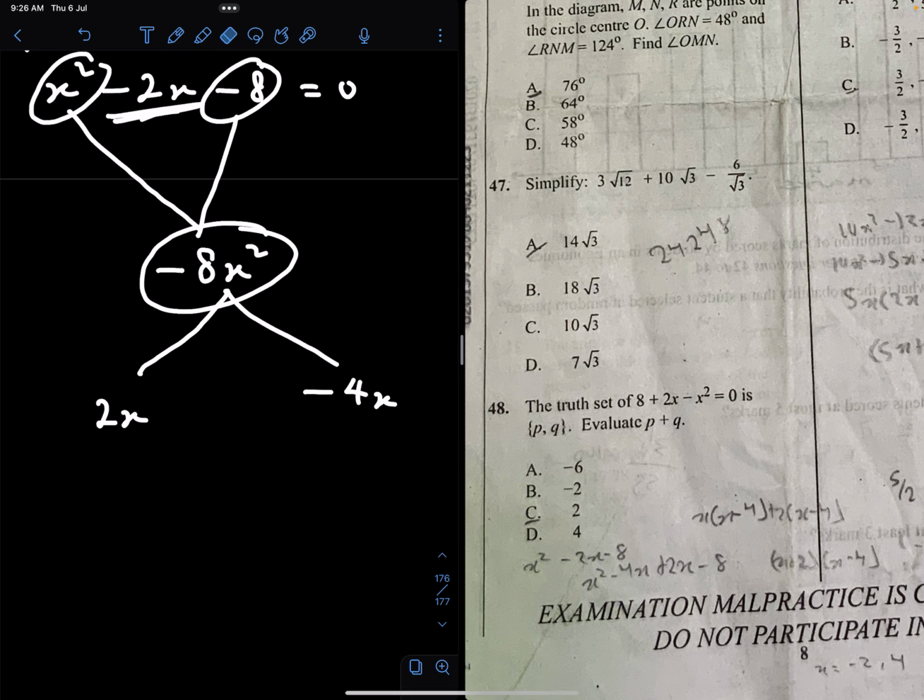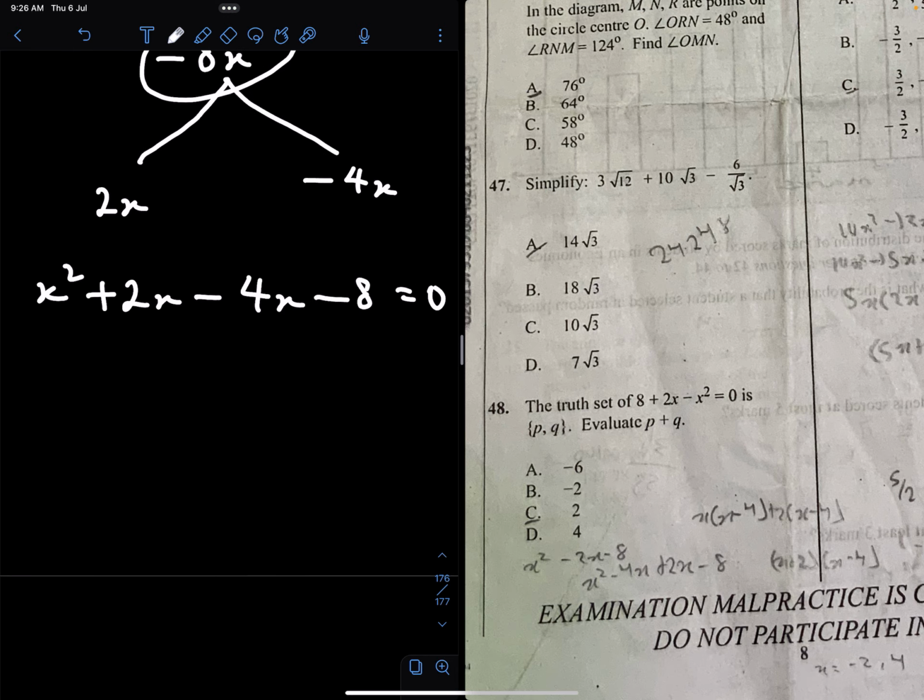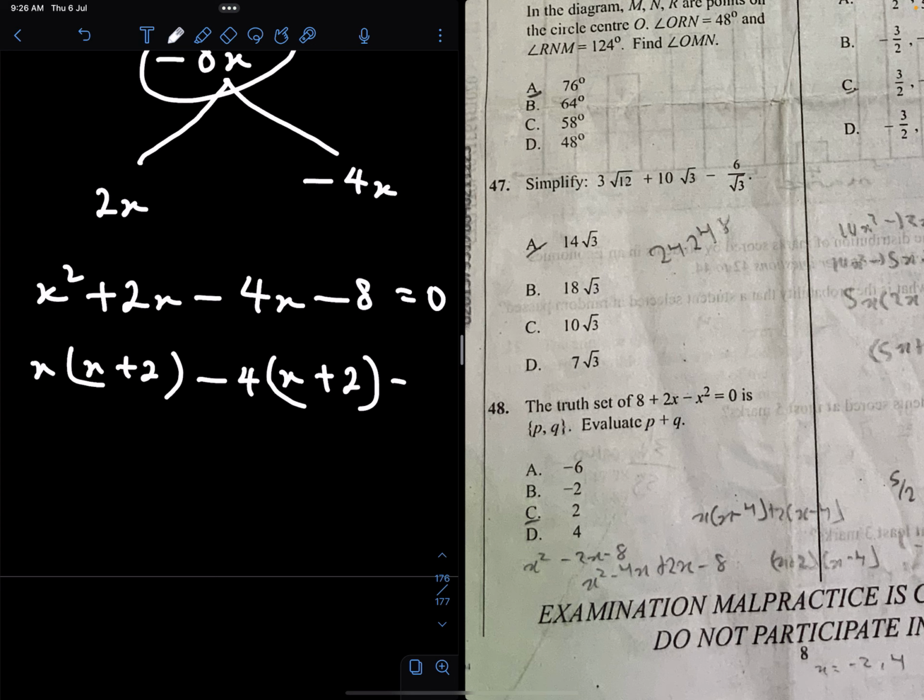So you replace minus 2x with 2x minus 4x. That's the only thing that will change. x squared plus 2x minus 4x minus 8 equals 0. And that simply means x into bracket x plus 2 minus 4 into bracket x plus 2 equals 0.